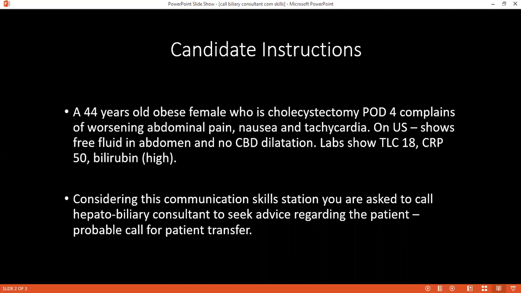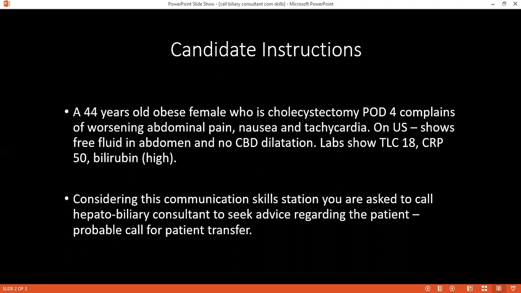I'm calling on behalf of a 45-year-old female who had a cholecystectomy 4 days ago, and today she started complaining of abdominal pain, which is worsening, and also complaining of nausea and tachycardia. Nausea, no vomiting yet though. Following that, we noticed some bile in her abdominal drain.